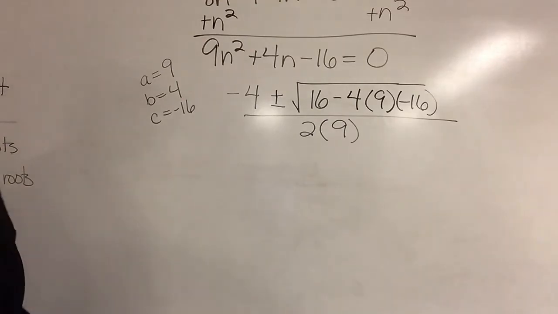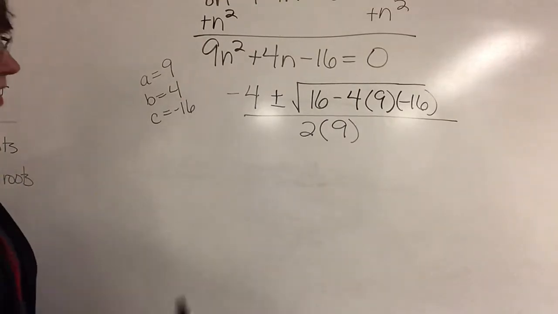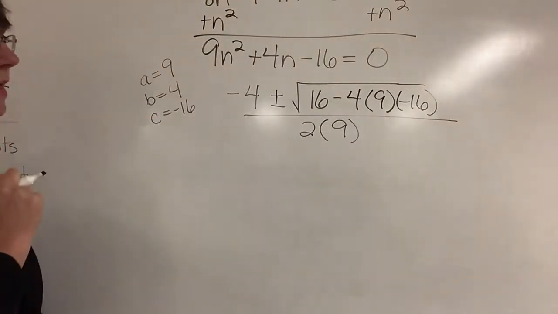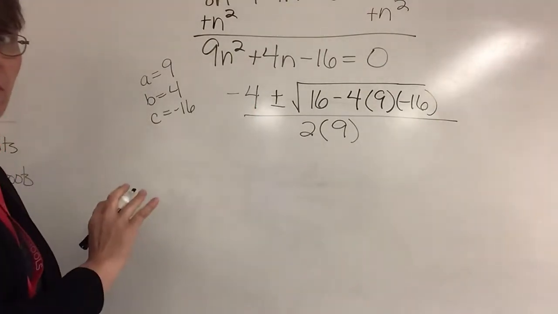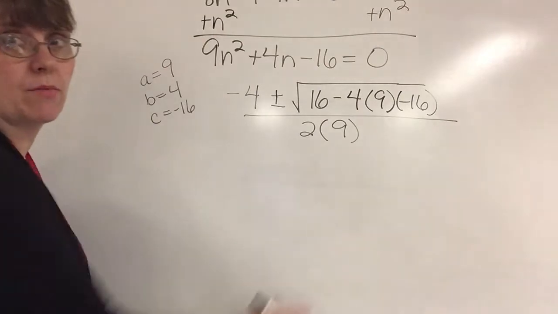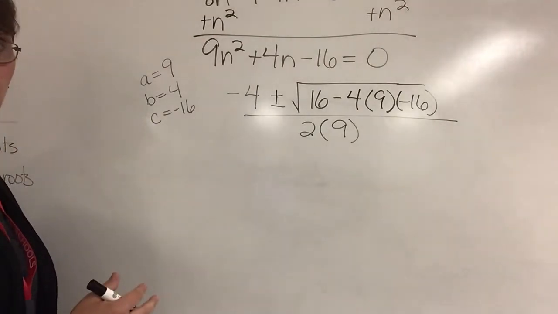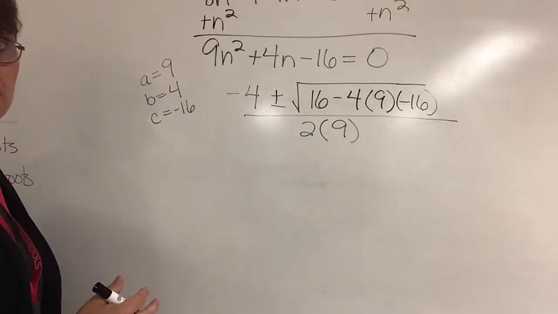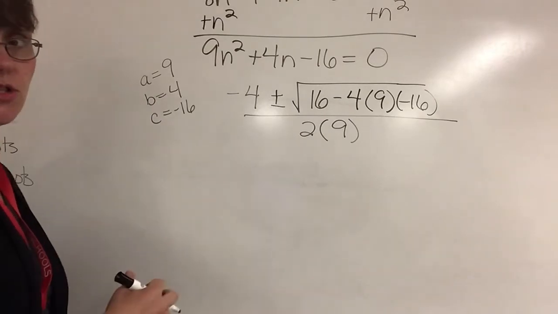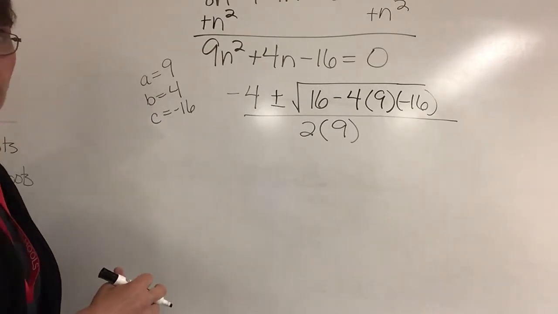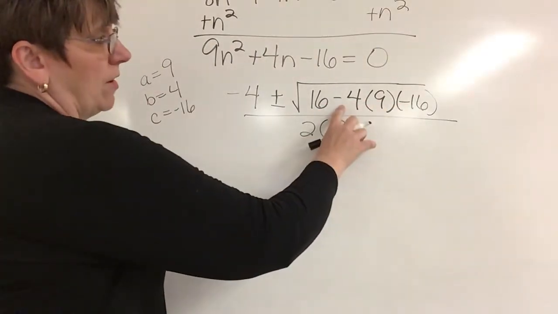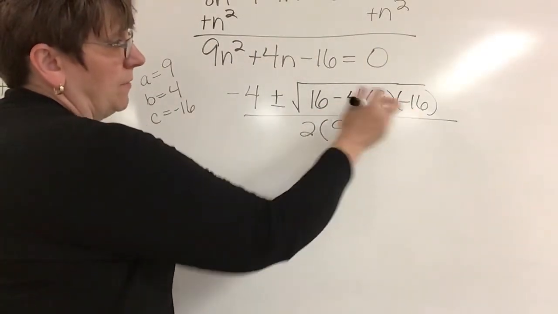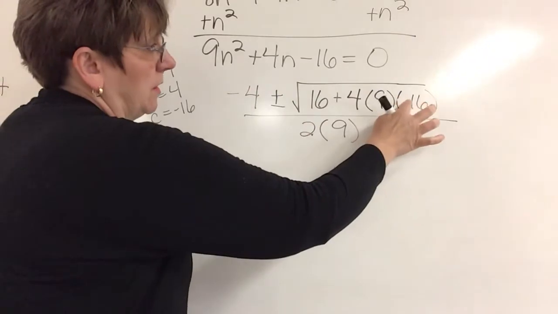Now I want to clean this up a little bit, and I'm going to do it right within the formula. I'm going to erase and rewrite only because my space is limited right here. I like to be able to zoom in for you so that you can see it easily, but then that shortens the space I have to work in the frame of the video. So I have to multiply these all together, and I know that a negative times a negative becomes positive.